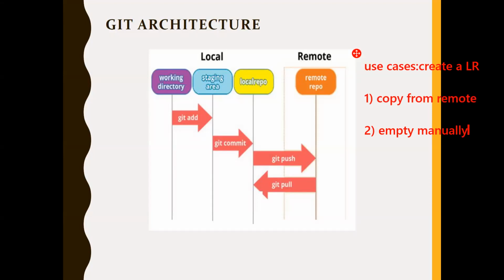So the point to note here is local repository can be created in 2 ways depending on the use case. If the project already exists, you can copy from remote and create a local, or else if it's a new project, you can create a local empty repository, then develop the changes or files, whatever, and then push to remote.